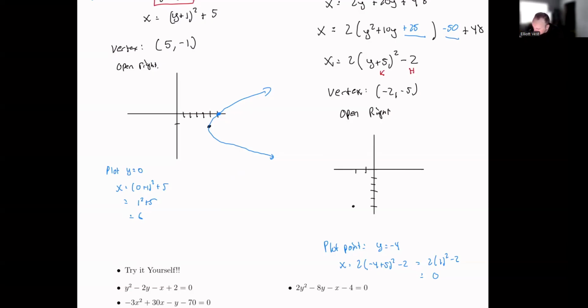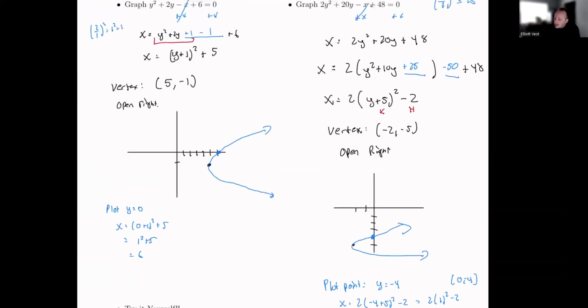So we have negative 4 and 0, which is right here, right? Our point is 0, comma, negative 4. There we go. So our graph opens up and it's going to look something like that here.